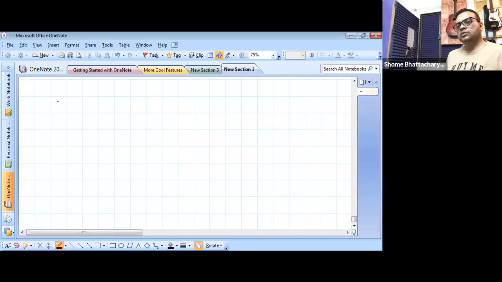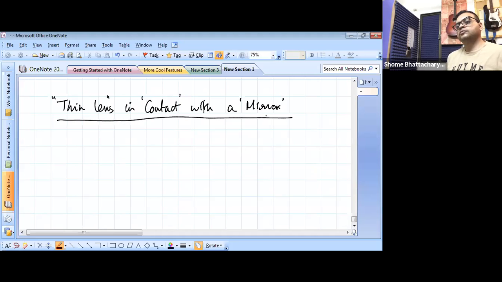So, thin lens in contact with a mirror. Let's say we have some kind of lens and then some kind of mirror, and they are placed more or less in contact like this.